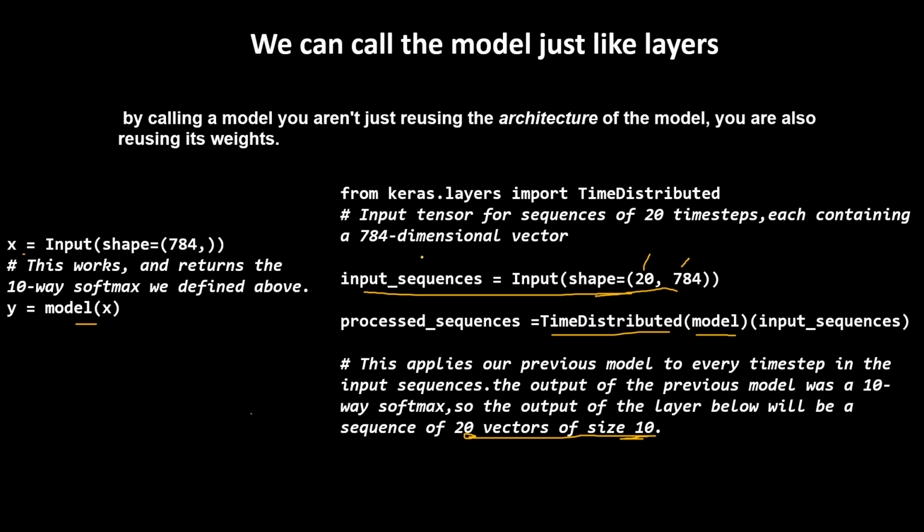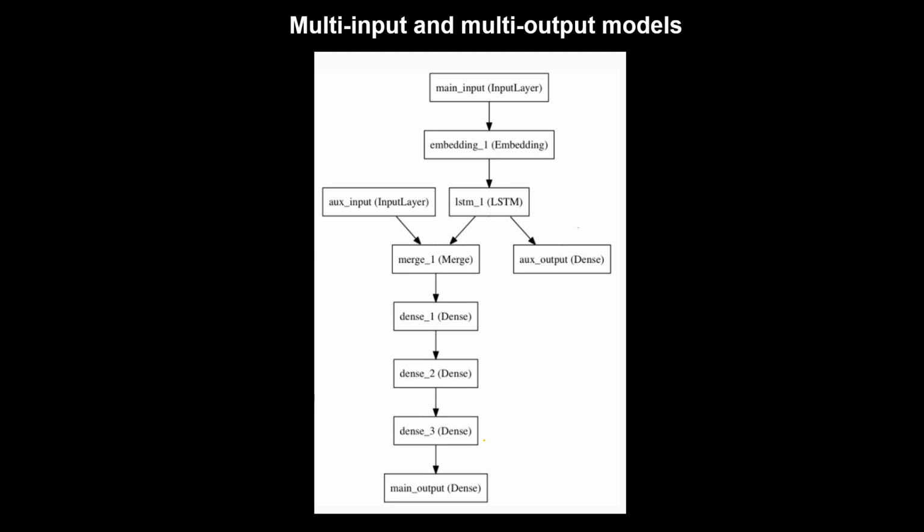So you can see how we can utilize the previous model we defined for a single 784 vector in a time distributed model, where it takes a sequence of input and gives a sequence of output. This is really very powerful, and this is one graph example showing another functionality of this functional API.